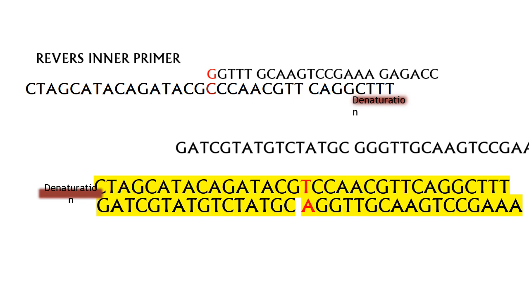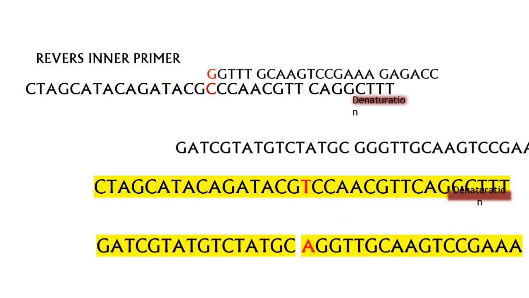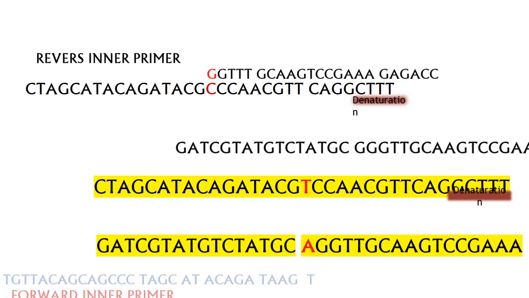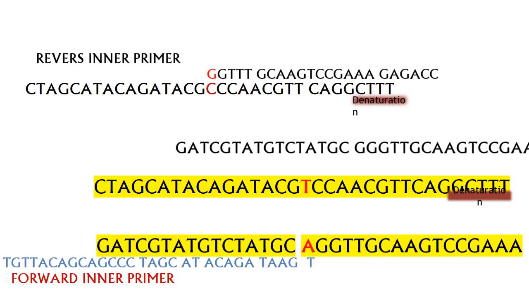Similarly, we have another DNA molecule. This will be denatured. When it is denatured, it will be separated into two DNA strands. When the strands are separated, the primer will come and try to attach to this DNA. So the forward inner primer comes and attaches to this DNA molecule.